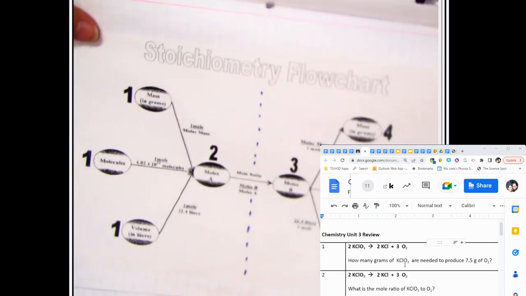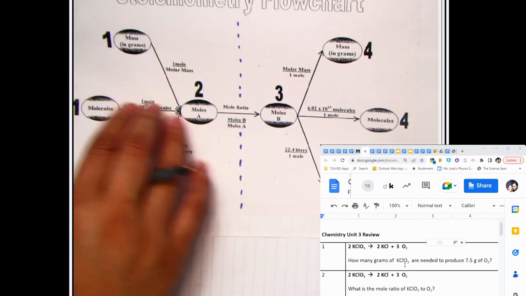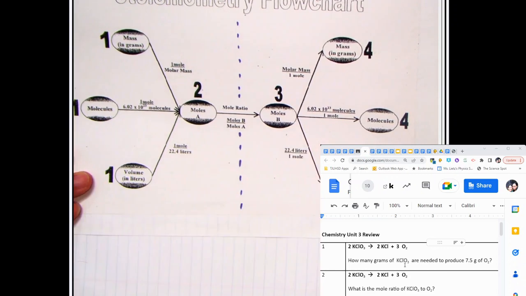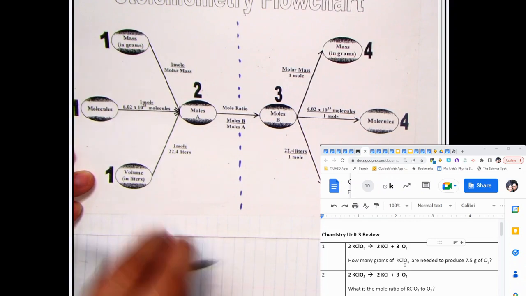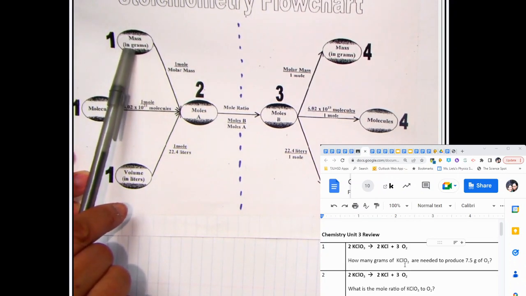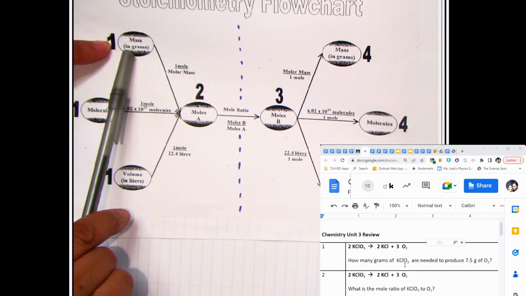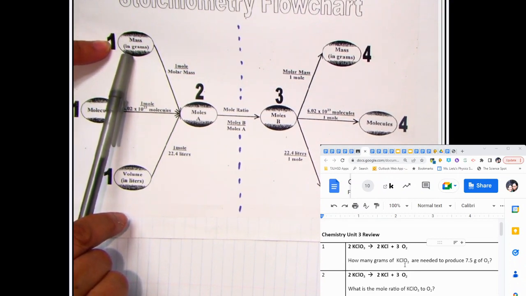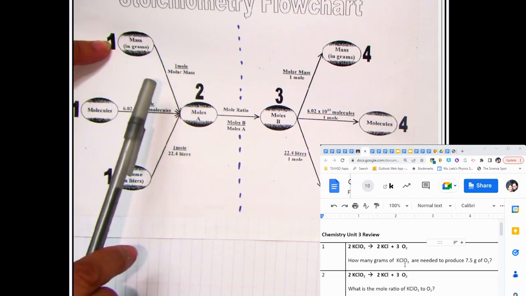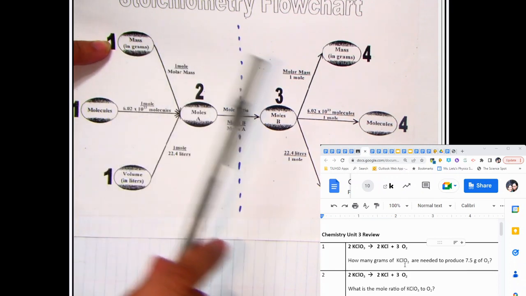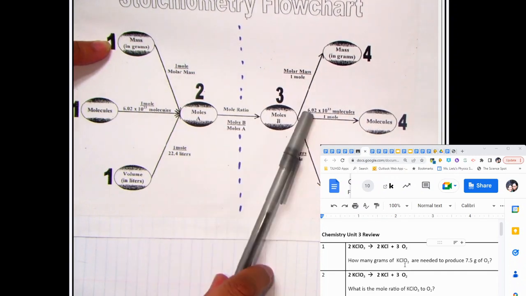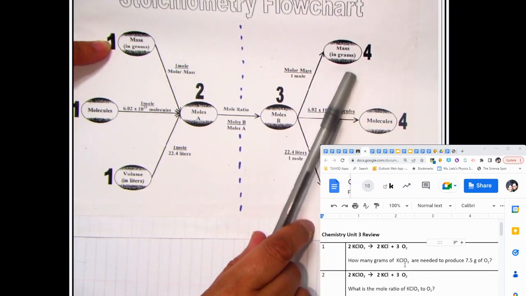One side represents one compound, the other side of the stoichiometry chart represents the other compound. So if we are going from grams of O2, we are starting here, grams of O2. We are changing it to grams of KClO3. Since it is a different compound, we need to go to the other side of the chart. So grams of KClO3 are here.